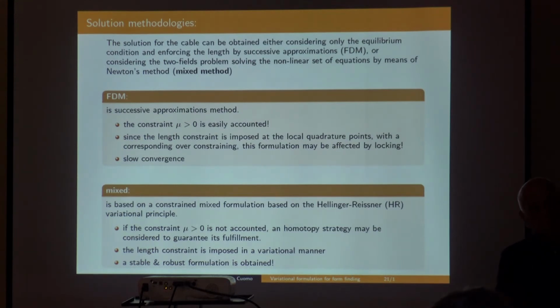Using the mixed formulation I've shown, which is practically an extension of the Ueshizu principle, we have to solve a nonlinear set of equations. We can use standard methods, Newton-Raphson, for instance. The convergence is quite fast and robust. There is one small problem: we cannot be sure that the stresses stay positive during the iteration.